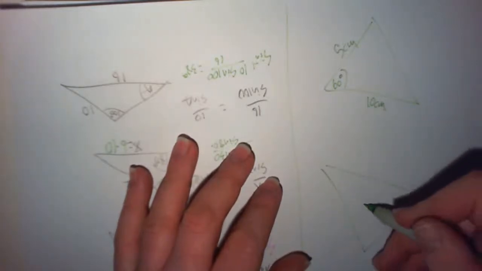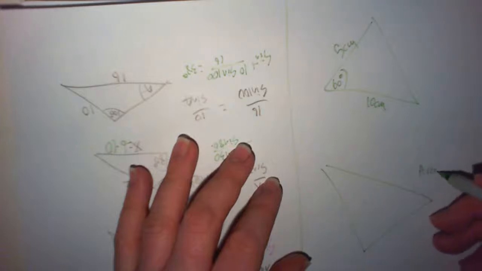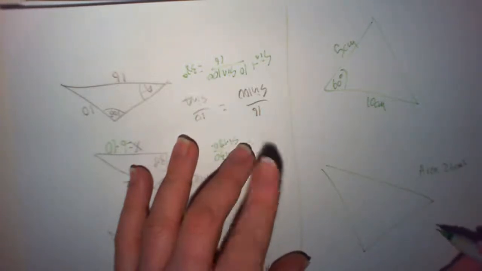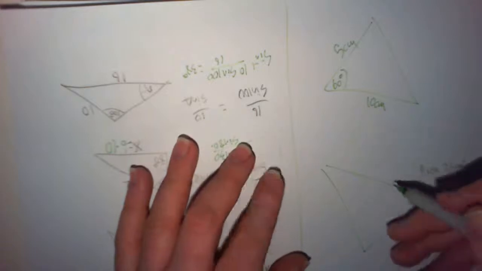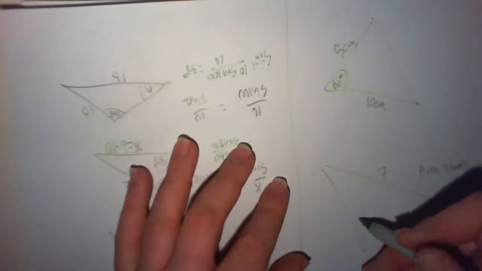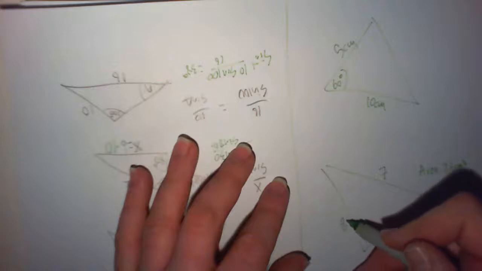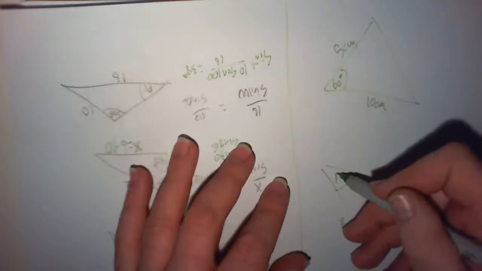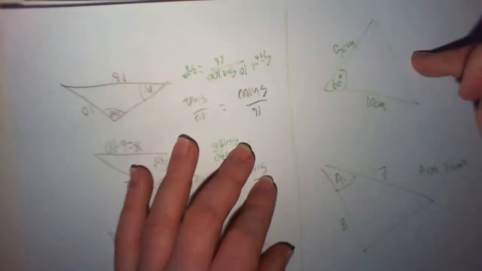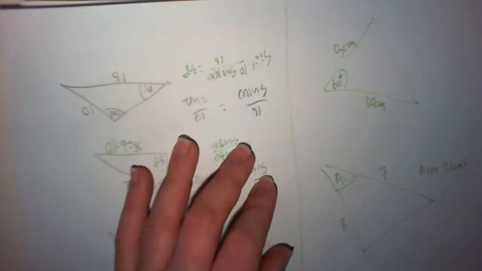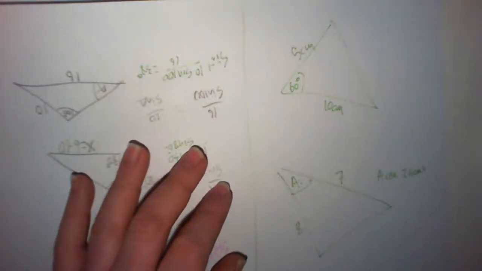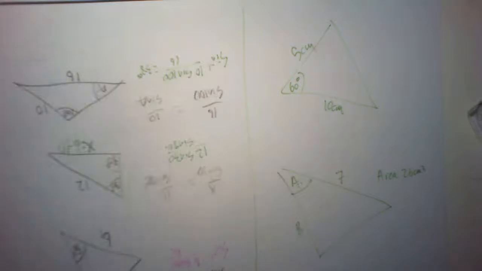The area of this one is 26 centimeters squared. That's just 7, 8, and A. So I want the area of that. I want you to find the angle A. So give it your best shot. 3, 2, 1, go.